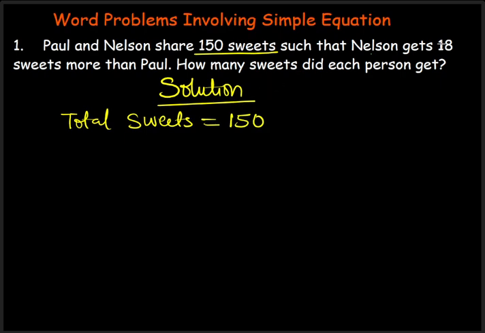Then, such that Nelson gets 18 sweets more than Paul. So Nelson is not getting 18 sweets, rather he is getting 18 sweets more than Paul. So that means Nelson's sweets depends on what Paul's sweets are, so we need to find Paul's sweets first.